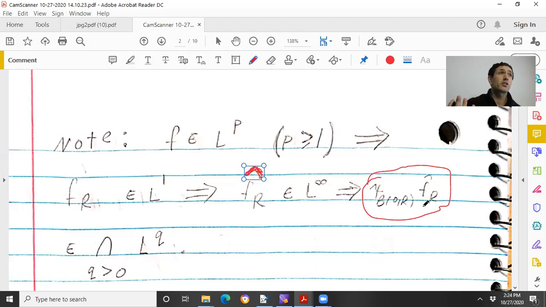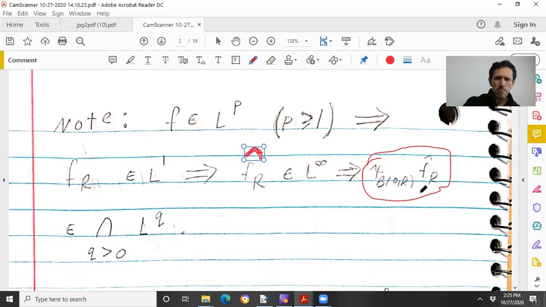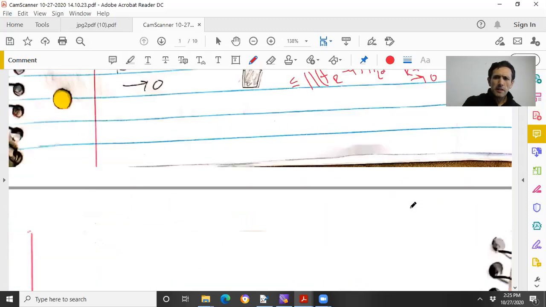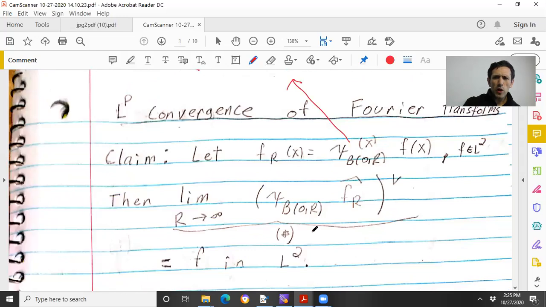I think I said the Fourier transform. I meant the inverse Fourier transform of what I circled. Okay. So it's reasonable to wonder and to ask, because the inverse Fourier transform of this is, as I mentioned, in LP for all P bigger than or equal to 2, thanks to the Hausdorff-Young inequality, it's reasonable to ask this question for LP functions.